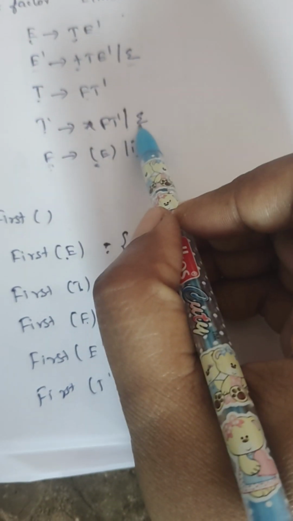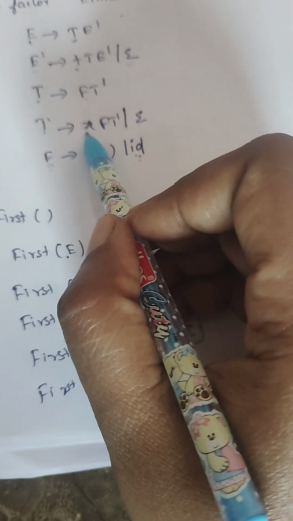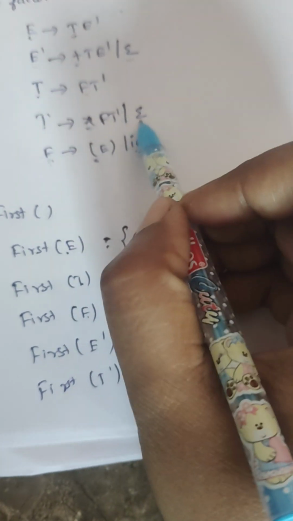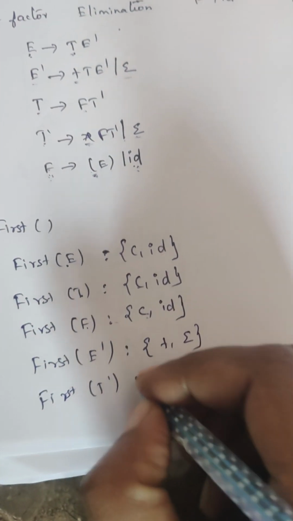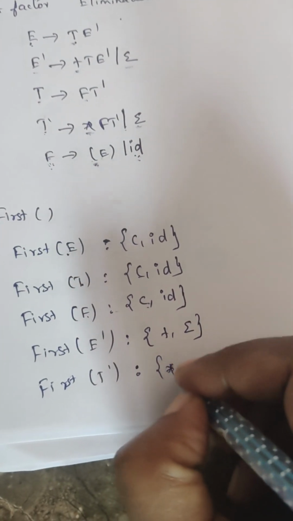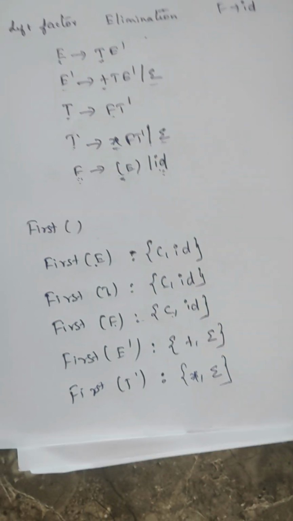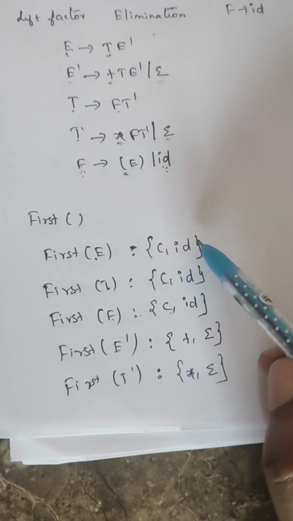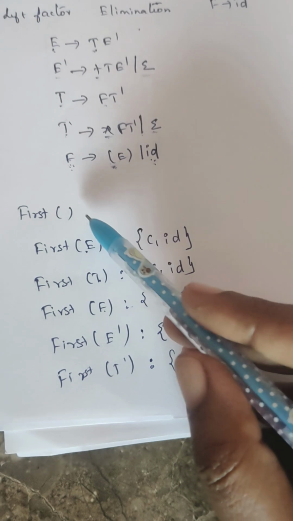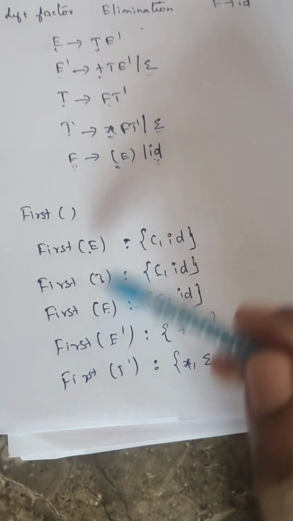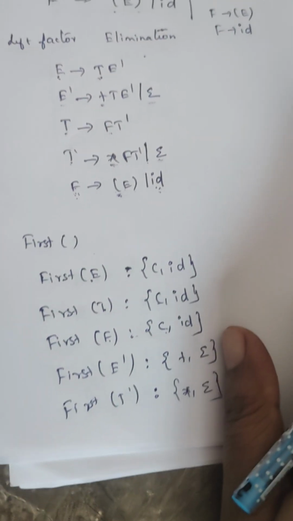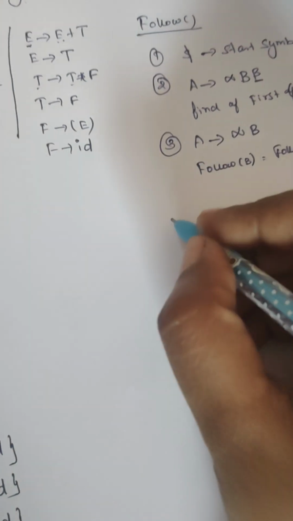T dash has two production rules: in the first, the starting symbol is star, and the other is epsilon. So first of T dash is star, epsilon. This is the final output of first of all non-terminal variables. Now we are going to calculate follow.